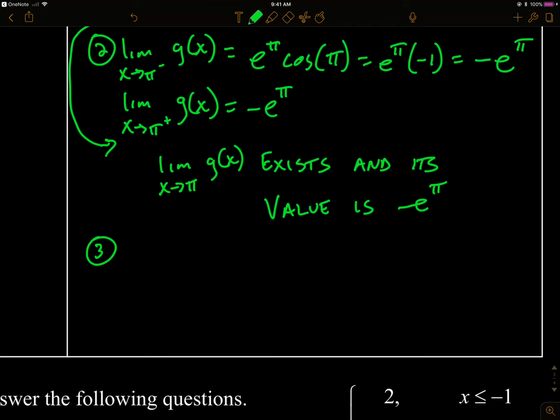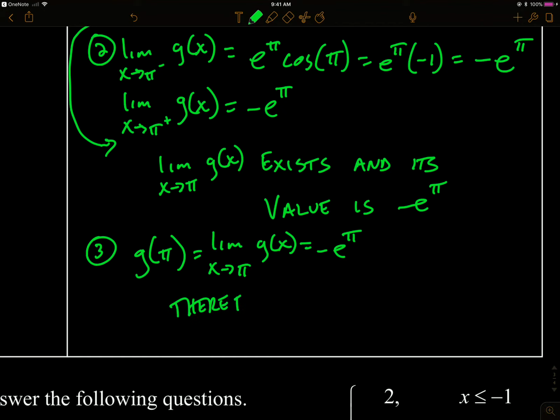Criteria 3, we could say g of pi is equal to the limit as x approaches pi of g of x, and it's equal to, I can say the value that it's equal to, to show that I found it and I know what it is. They're both equal to that. Therefore, g of x is continuous at that target value.